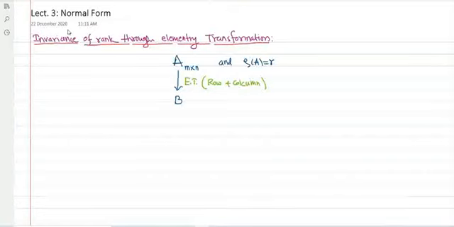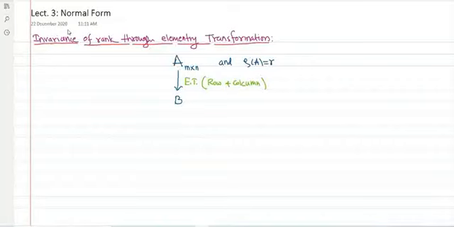Once again I repeat, A is any matrix of order m by n, and rank of A is R, and from A you are obtaining a new matrix B which is equivalent to A.